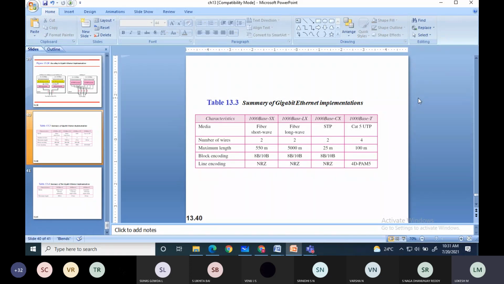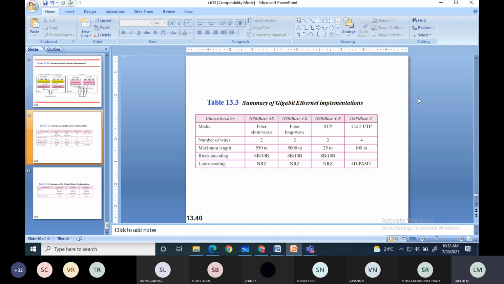The maximum length is 550 meters for the first version, 1000BASE-SX, and only 500 meters for 1000BASE-LX. 1000BASE-CX copper cables can be used only within 25 meters, and 1000BASE-T, the Cat 5 cables, only within 100 meters.